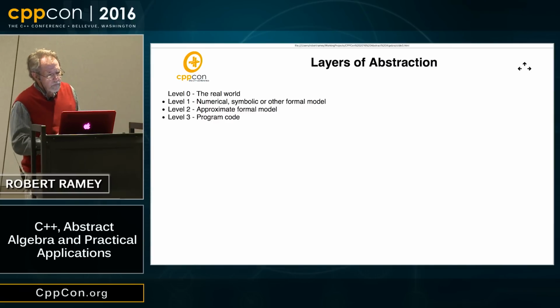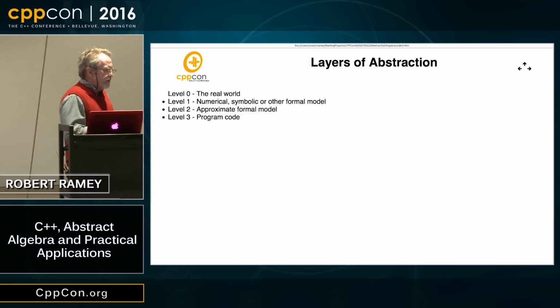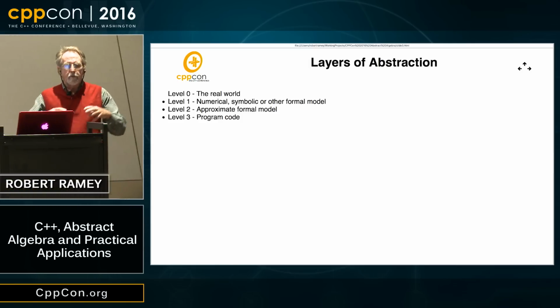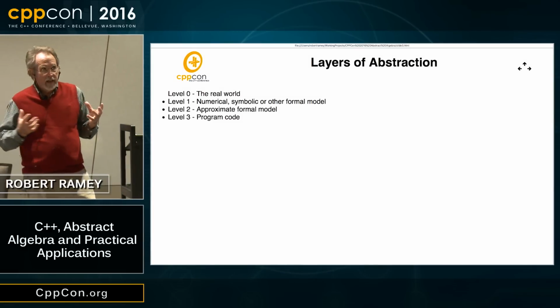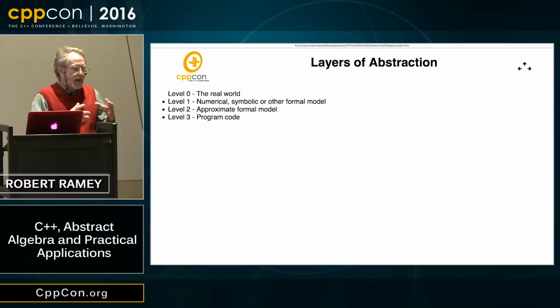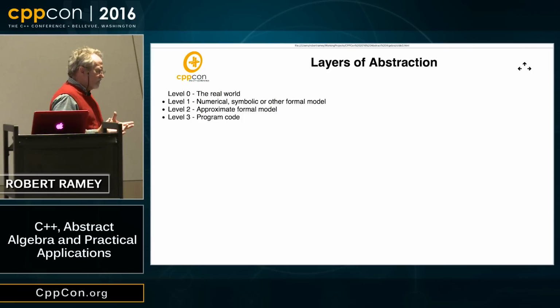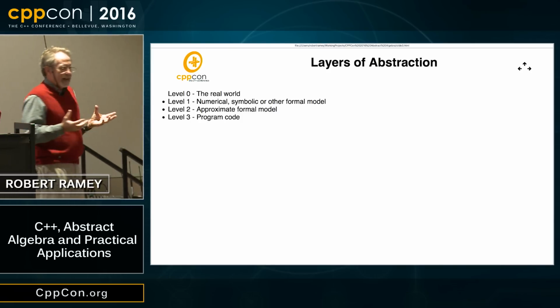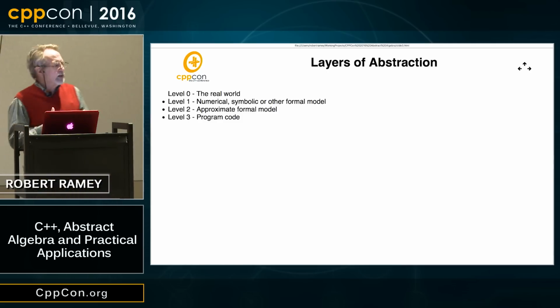The algorithms can be pretty complex, but they're all agreed upon. At the next level, we take that formal model and we turn it into an approximation of the formal model. For example, if we're looking at an engineering problem, we describe it in differential equations, limits, real numbers, things like that. In our computers, we don't have real numbers.